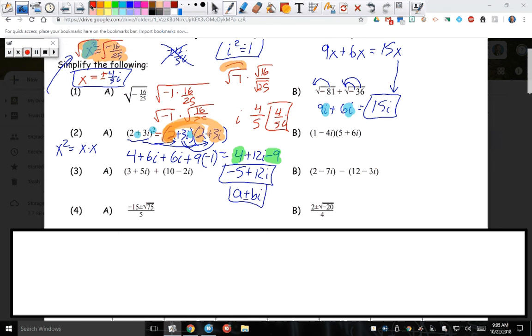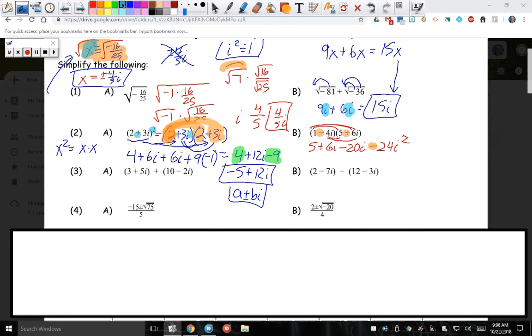This next one, part B, is just a simple FOIL or distribution. So it'll be 1 times 5 is 5, 1 times a positive 6i. And then you distribute the negative 4i. So you'd get a negative 20i and then a negative 24i squared. Here are common mistakes. A negative times a positive is a negative.